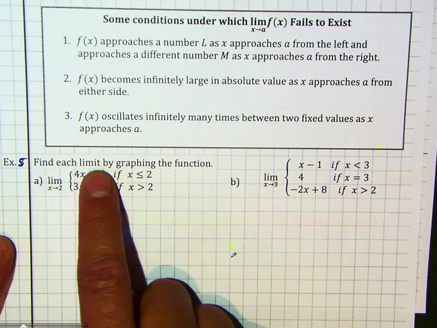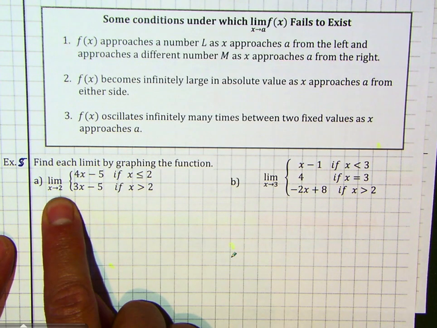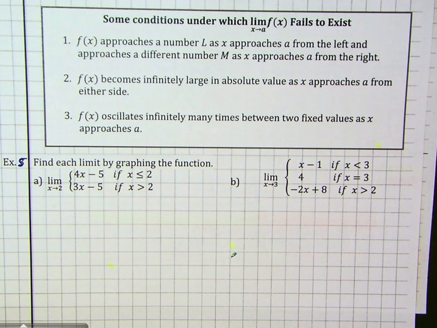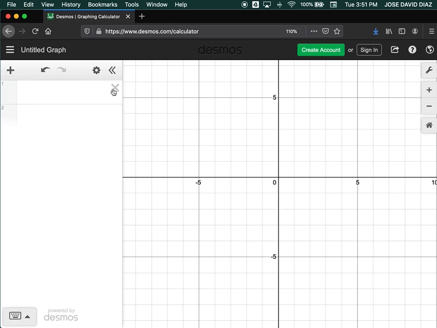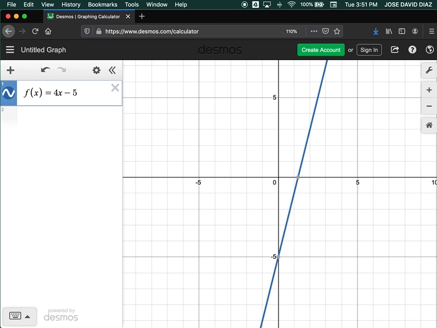Find each limit by graphing the function. So let's use decimals to graph the first one, then we'll just copy it down from decimals, or you can use your graphing calculator as well. In this case, we have f of x equals 4x minus 5, within the domain of x is less than or equal to 2.